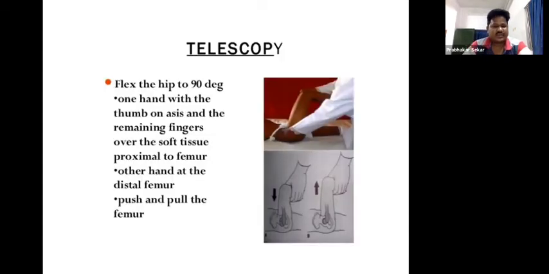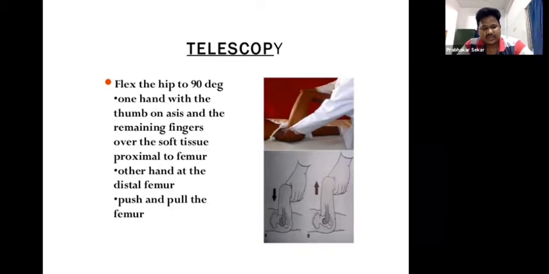Telescopy is a very important clinical test to say it's an unstable hip. Here, you flex the hip to 90 degrees, with one hand with the thumb on the anterior superior spine and the remaining fingers over the soft tissue, that is over the greater trochanter.